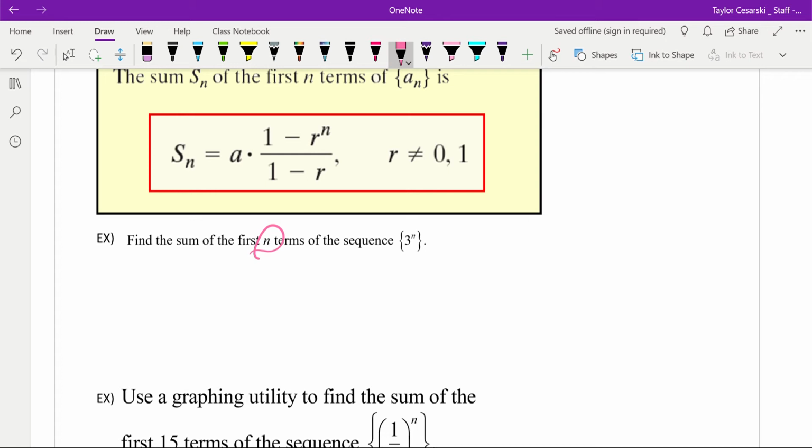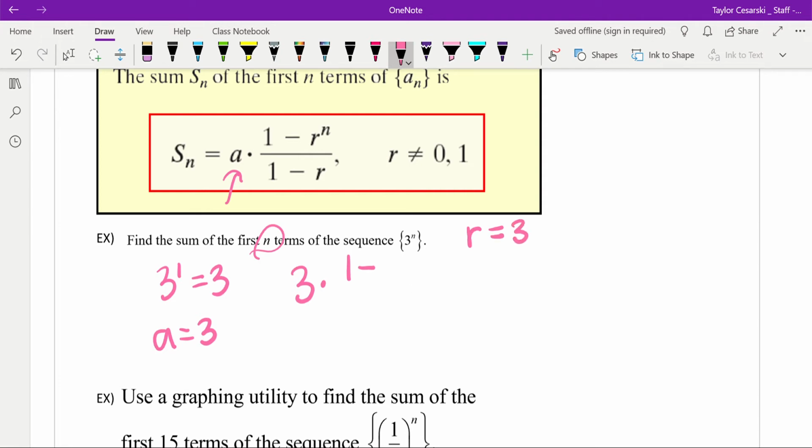So first thing I want to do is figure out, well, what would this A be? 3 to the first equals 3. So A equals 3. And then I'm just going to plug in the rest. So 3, because that's my A value, times 1 minus, well, what am I multiplying by each time? What is my R value? Well, my R equals 3.